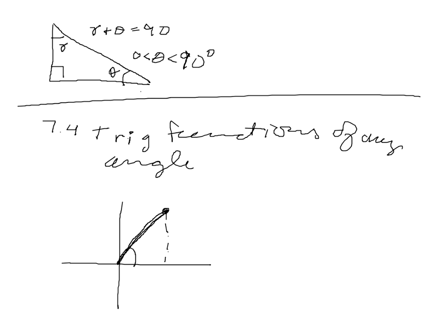We're going to start putting our triangles onto the XY plane, with this angle here at the origin, and the angle that we're going to talk about is the angle that's created from the line and the x-axis.